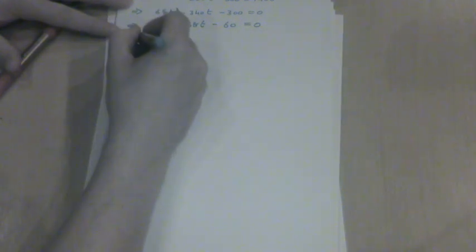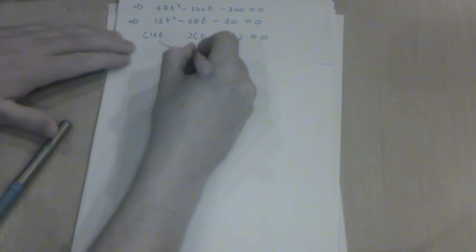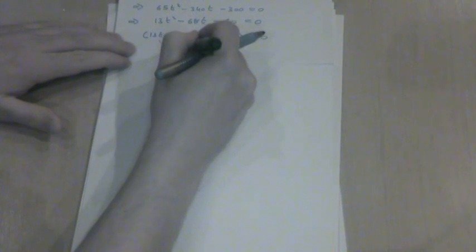If we factorize this, we have a 13t and a t, and the factors of 60 we can use are, we need to get 68, so we have a 6 here, this will give us 78t, and if we put in a 10 here, this will give us 10t.